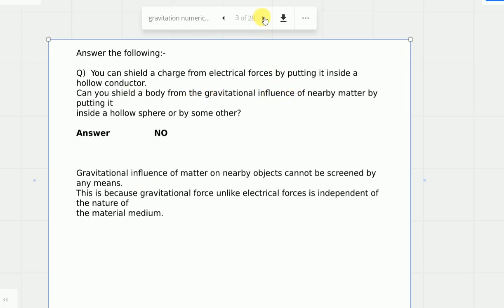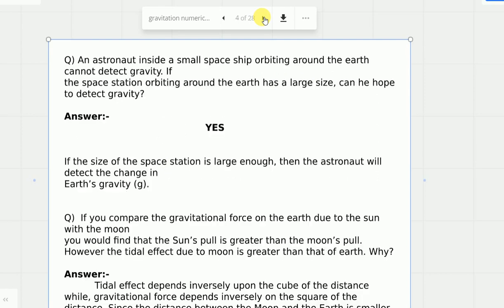Okay, let's proceed. The second question is: an astronaut inside a small spaceship orbiting around the Earth cannot detect gravity. If the space station orbiting around the Earth has a large size, can he hope to detect gravity?